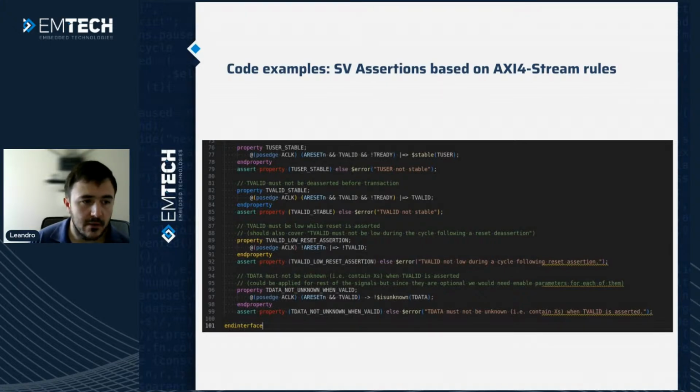And the last one is that the data does not have to contain any X, I mean any unknown data within the vector, when the valid is asserted. This actually has to go for every signal in the interface. But as you saw before, I don't have any enable parameters for the optional signals. So if I check that, it's going to fail.